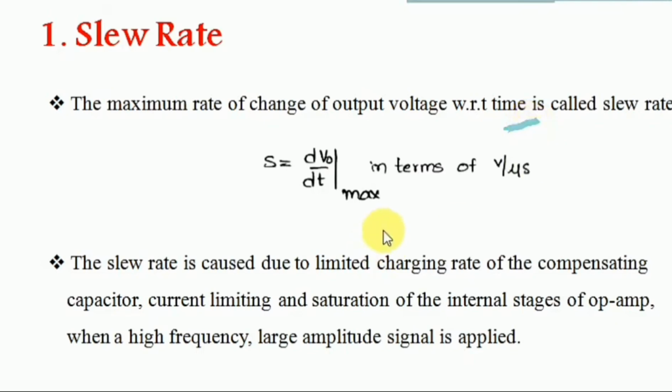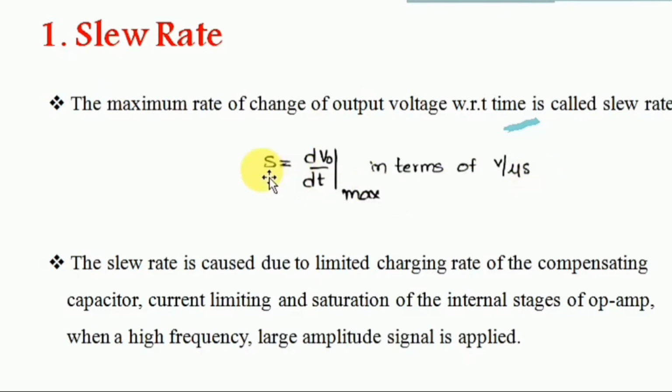So it defines the slew rate. Here S is the maximum value of dV0 by dt, expressed in volts per microsecond. Here V0 is the voltage, expressed in volts, and t is the time period, expressed in seconds.